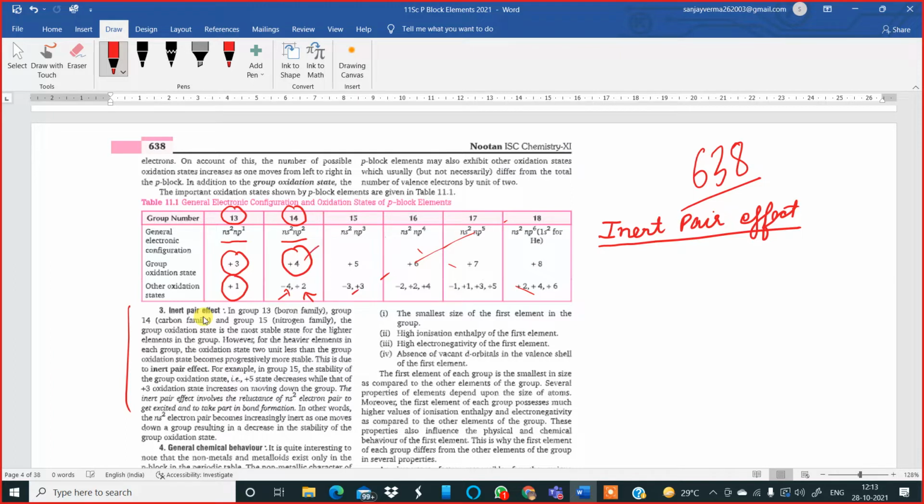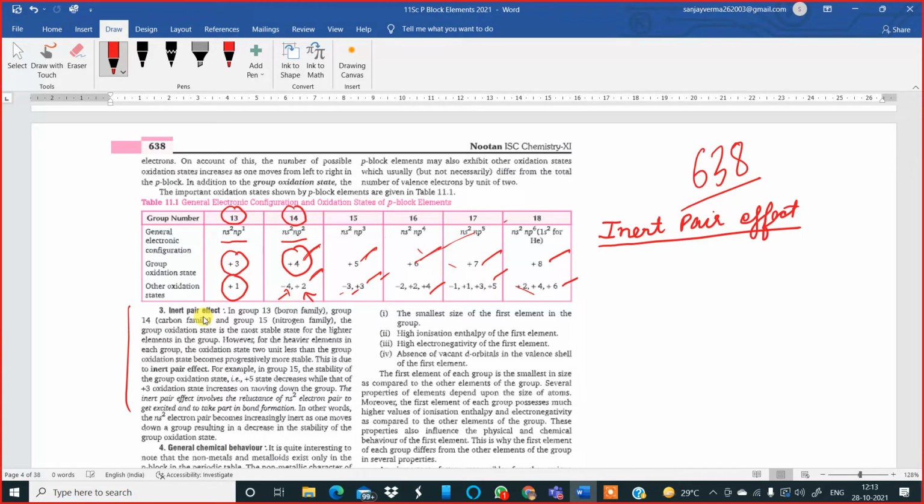So +4 becomes +2. If it is +5, it becomes +3; and -3, +6, -2 becomes +4; +7 becomes +5; +8 becomes +6. So it is 2 less. Now, the inner orbital electrons are not willing to get lost from there and participate in bond formation.